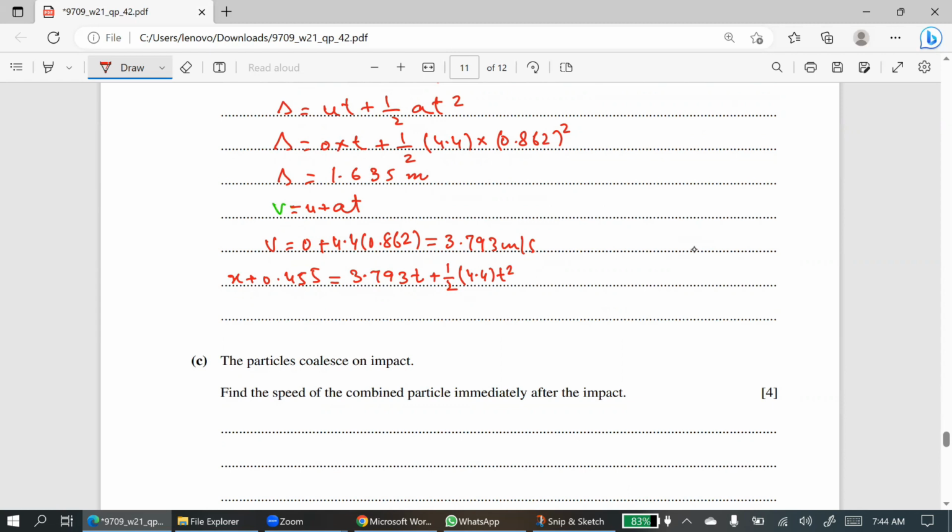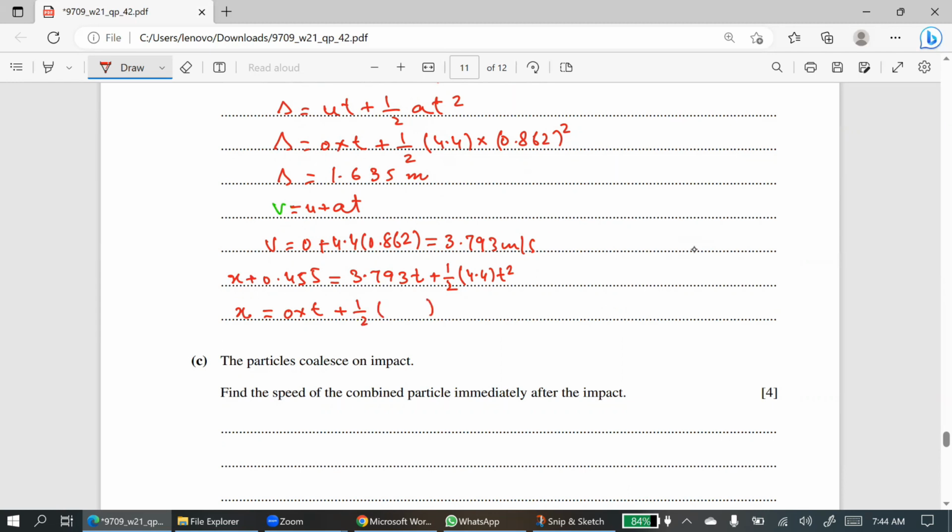For particle Q, the distance it will have to cover is x, initial speed is 0, plus half into acceleration.